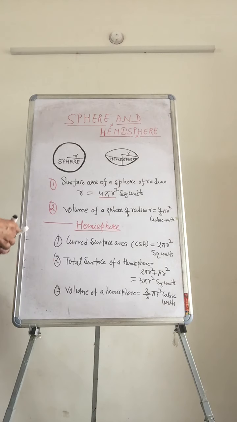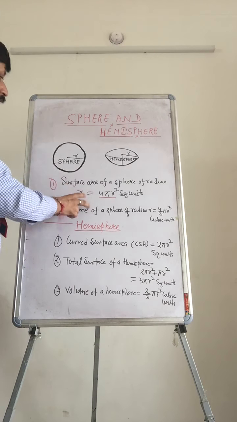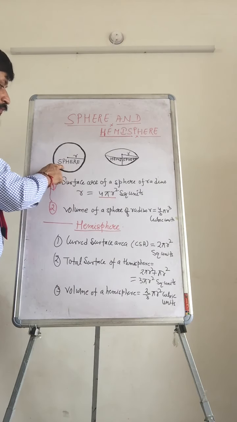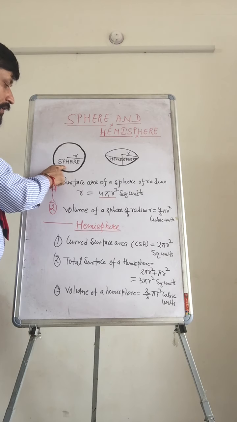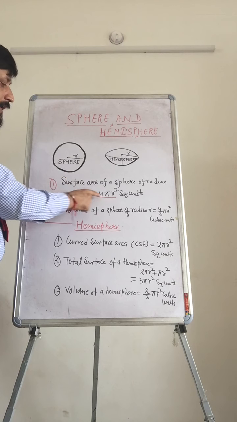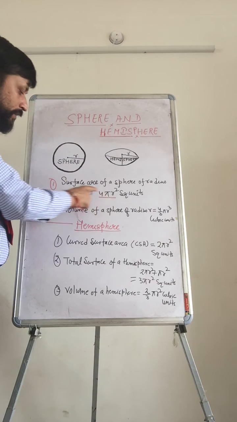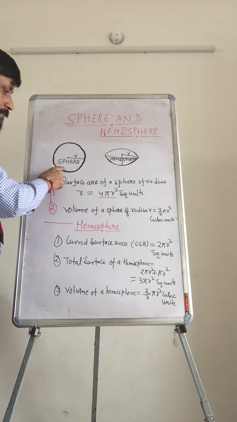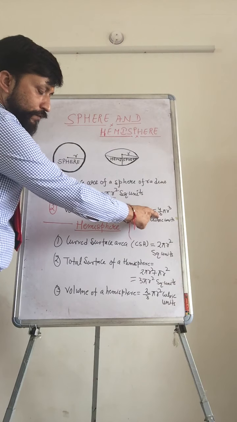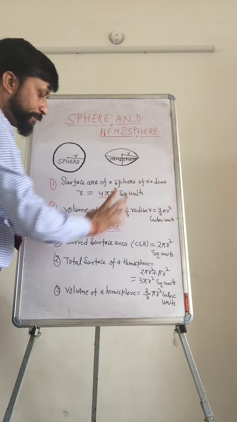So the first two formulas are for the sphere. When you are asked to find the surface area of a sphere, if the radius of the sphere is r, then use this formula. If you are asked to find the volume of the sphere, then use 4 by 3 pi r cube.